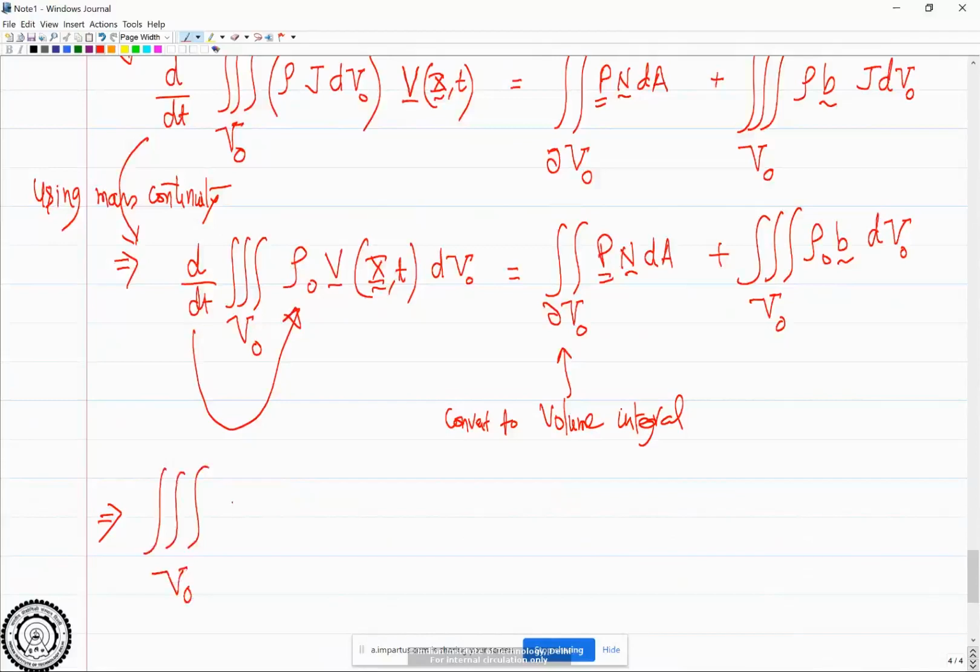So d by dt goes to big V. So you have rho naught into del V by del t. You see that d by dt has now become del by del t, just because you have V in the Lagrangian form written here. If you have any problem, please feel free to interrupt me.